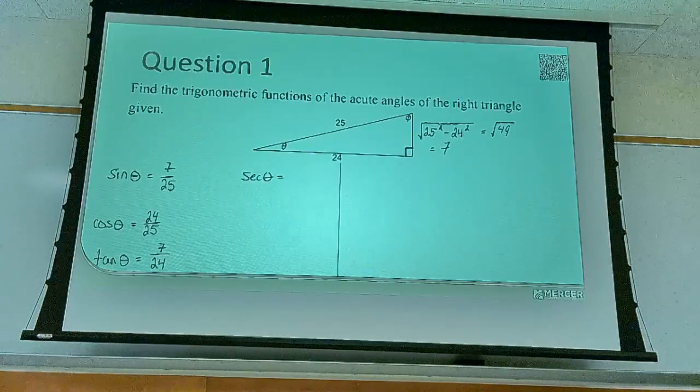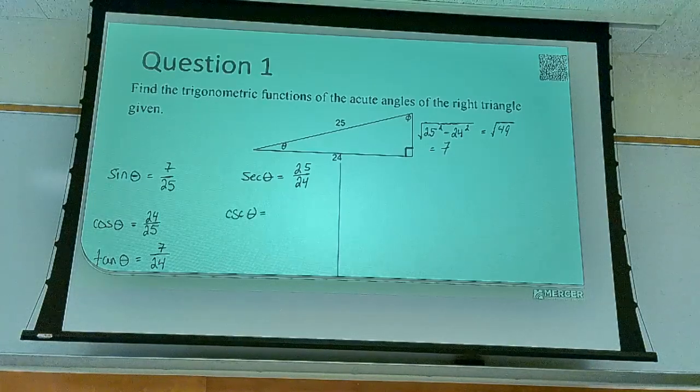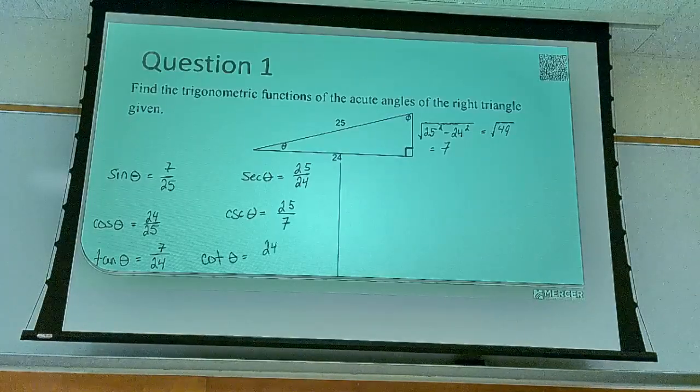Secant, hypotenuse over adjacent. Cosecant, hypotenuse over opposite. Cotangent, adjacent over opposite.